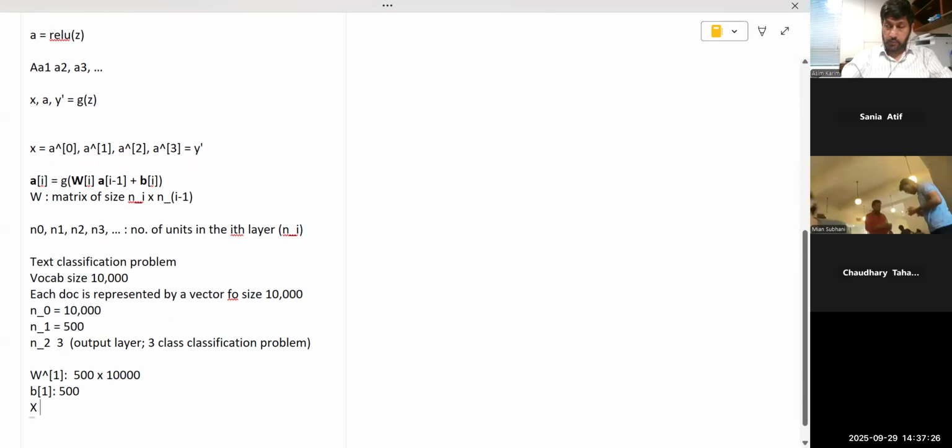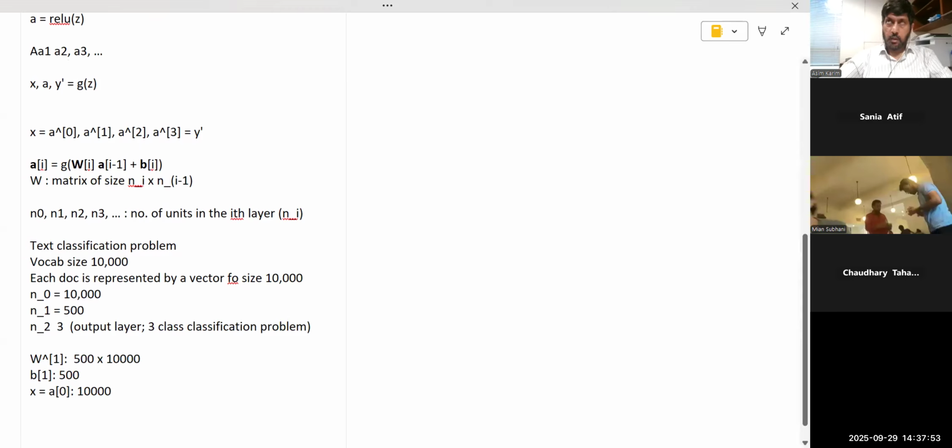X, आपको पता है, X is A0, ये 10,000, 1 2 3. ठीक है. तो ये आपका पहला लेयर कंप्लीटली स्पेसिफाइड हो गया है. And usually जो फर्स्ट लेयर का फंक्शन होगा G1, so let's say it is tangent hyperbolic. ठीक है.